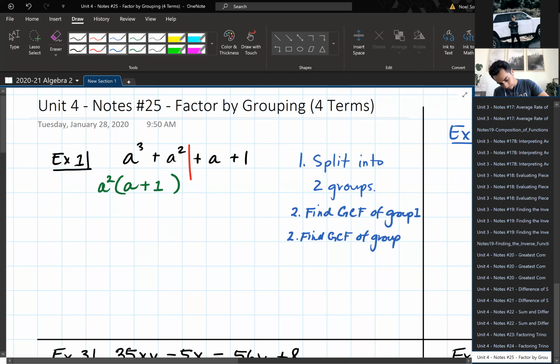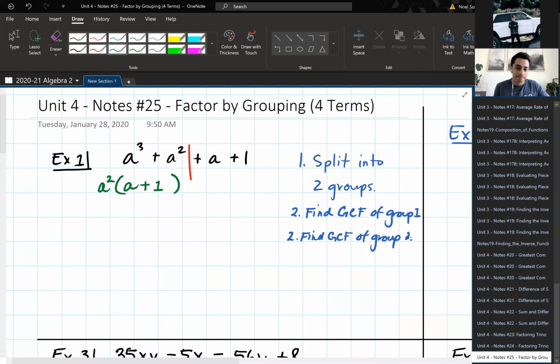of group 2. Now, sometimes when you look at the second group, you might not find a GCF. You might not see that we can divide both by this number or by this variable, but they still have something in common. What is that one thing that they can still be factored by? That's right. They can still at least be factored by the number 1.